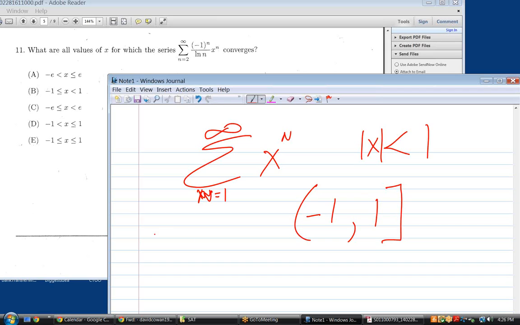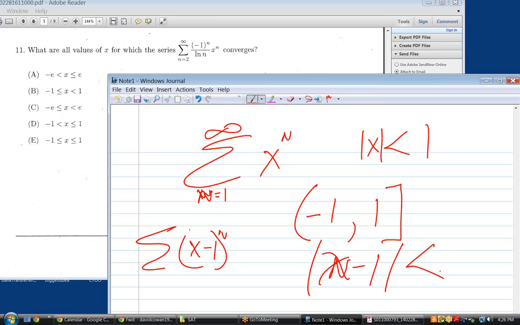If I said, what's this series' interval of convergence, well, you would say x minus 1 has to be less than 1, whatever's in the parentheses. The interval of convergence for this series would still be from -1 to 1.